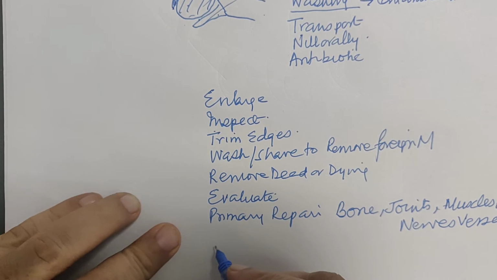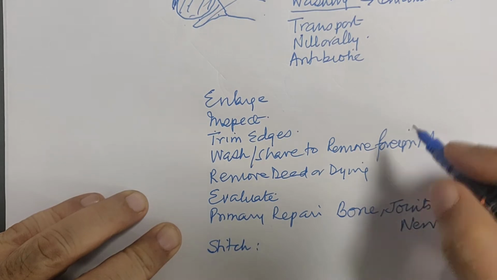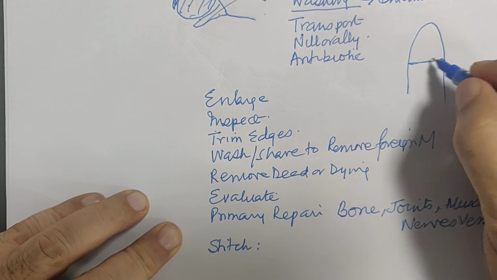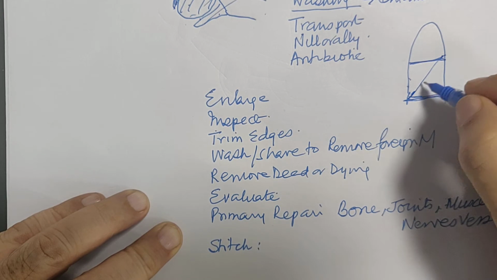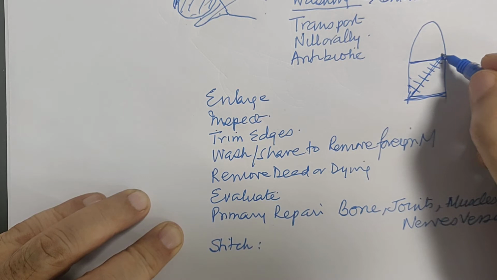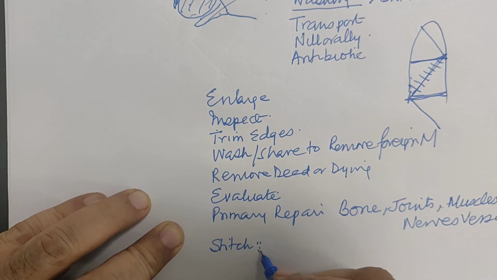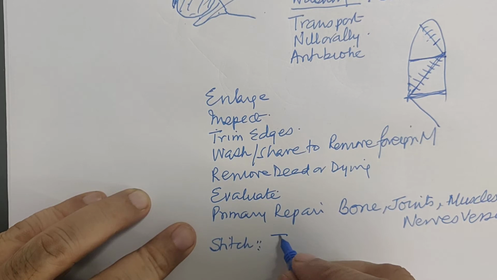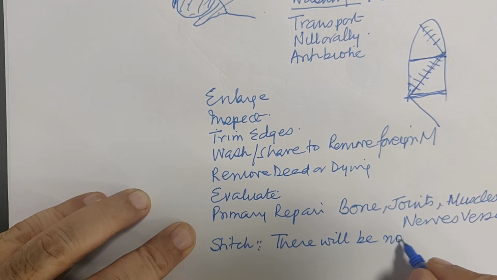Then you stitch the wound in a manner that if this is the finger and here is the crease and here is the proximal crease, then you make an incision obliquely so that the fibrosis doesn't produce contracture. So this is the method of giving incisions and the way that you stitch the wound. So stitch so that there will be no contractions.